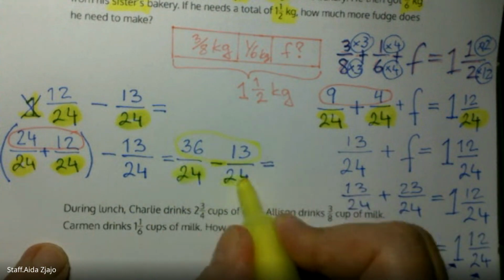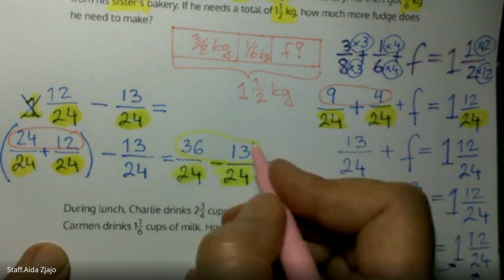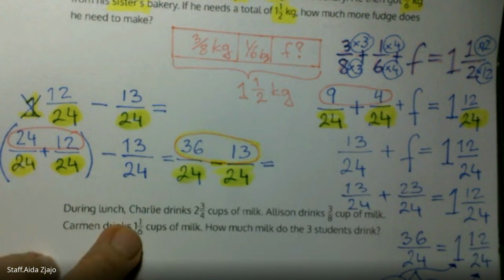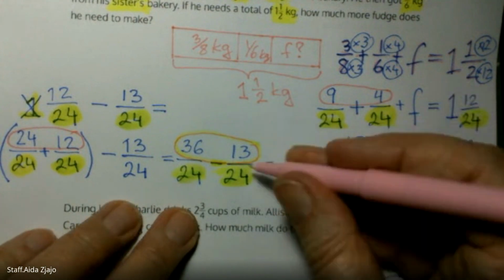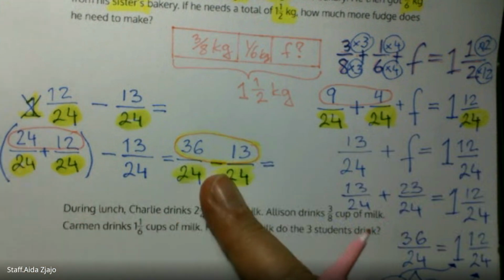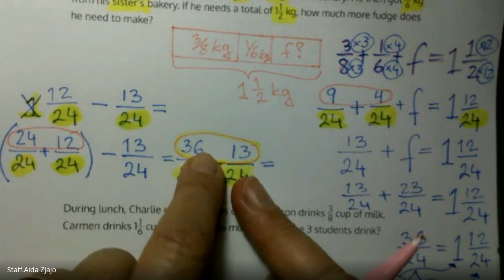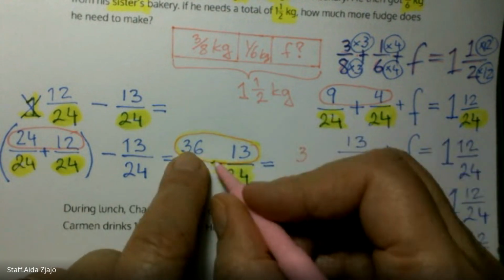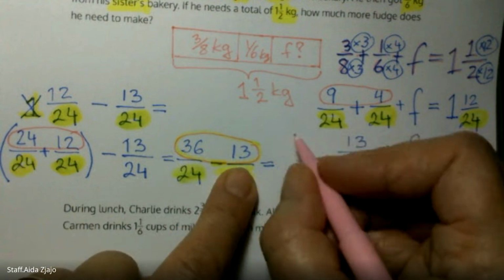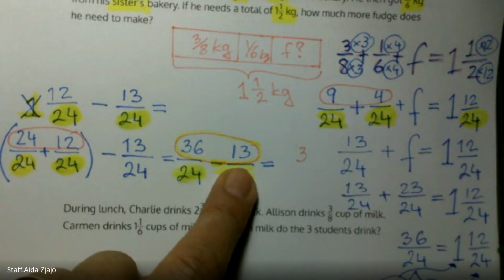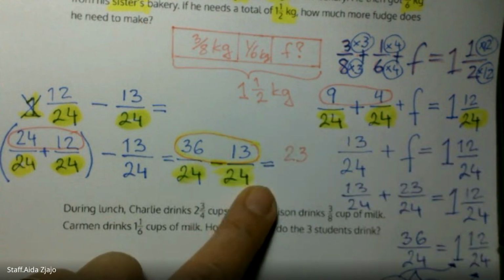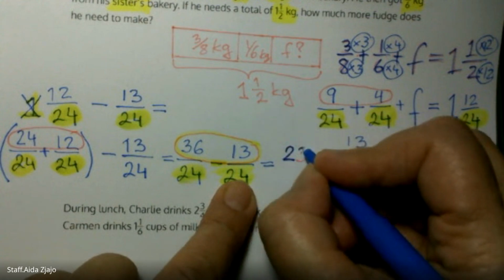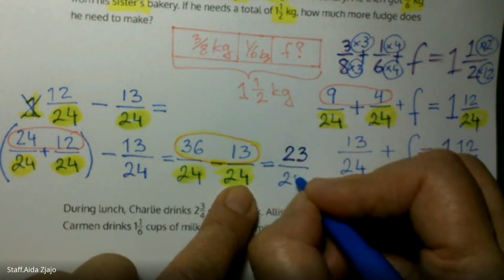If you don't know how to subtract in your head, you can think: 6 ones minus 3 ones is 3 ones, and 3 tenths minus 1 tenth is 2 tenths. That would be 23, but the pieces are 24ths.